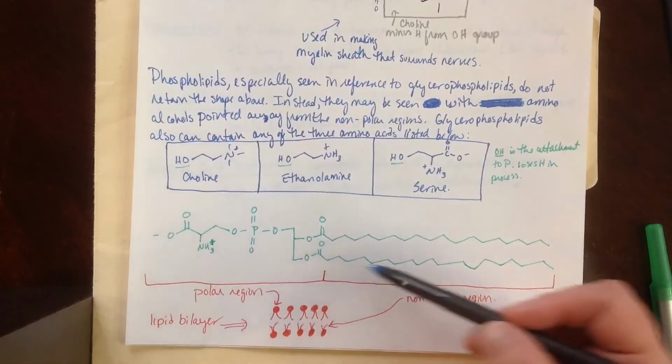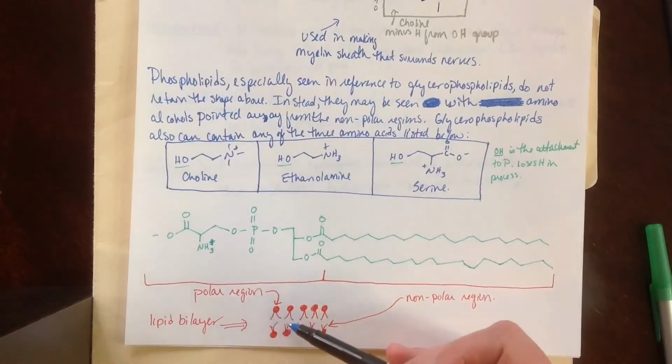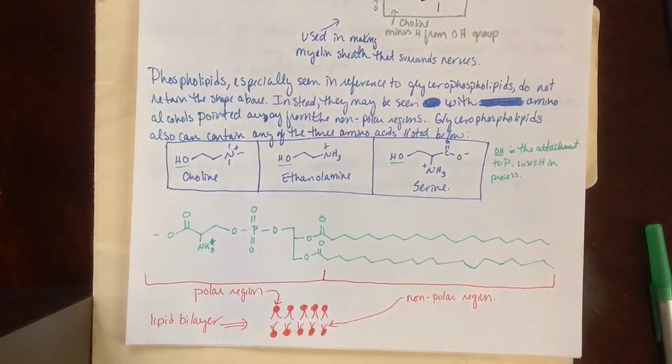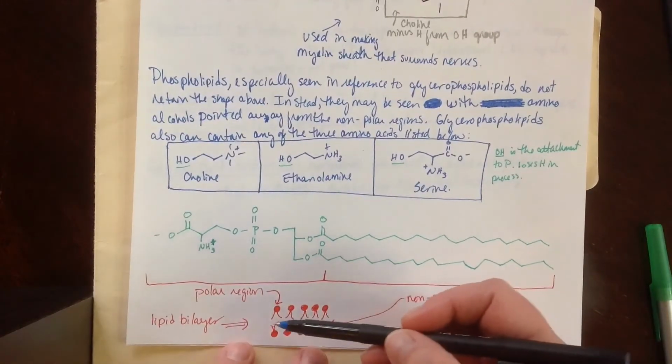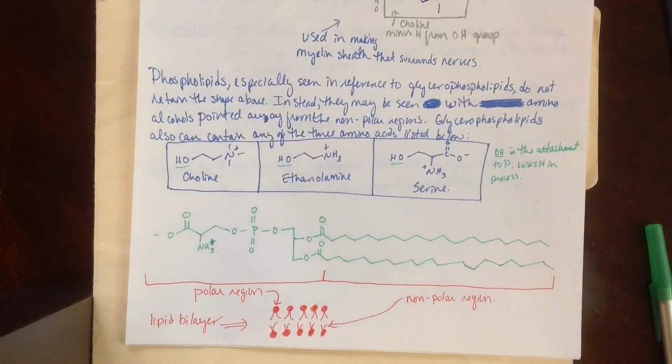And then we have the nonpolar region. See where these two tails come from? That's what these mean. And they're sticking together so that the nonpolar region sort of sticks together on this side and on this side. It's kind of like what we were talking about with the micelles and soap, but it's not the same because you've got two layers of that, not just one. That's sort of the difference.